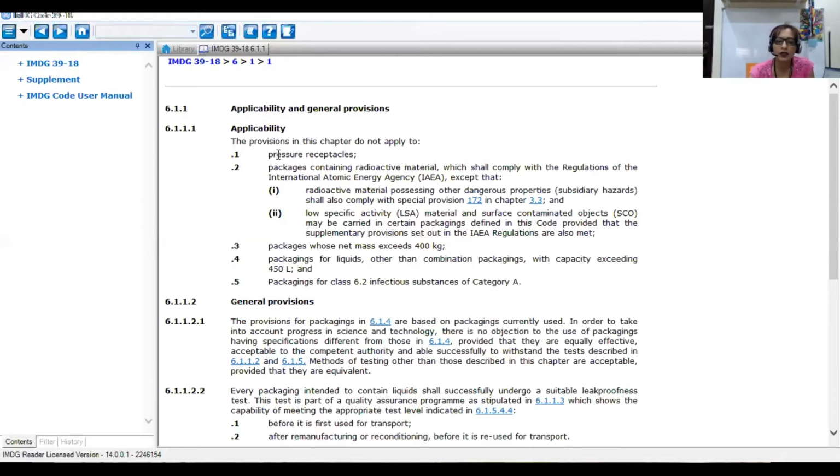These provisions do not apply to pressure receptacles, packages containing radioactive material, packages whose net mass exceeds 400 kgs, and packages for liquids that exceed 450 liters, because this is specific to column number 8 we're talking about, all right? And packaging for infectious substances of 6.2 under category A, which is the very dangerous category.